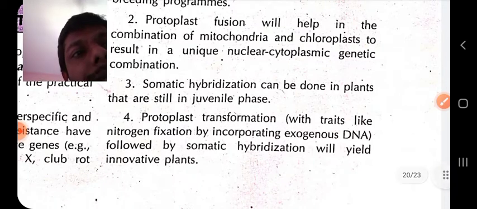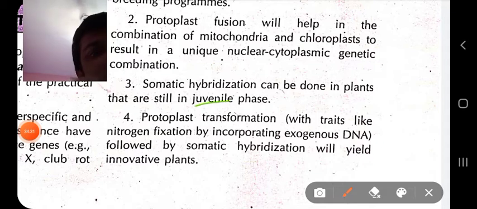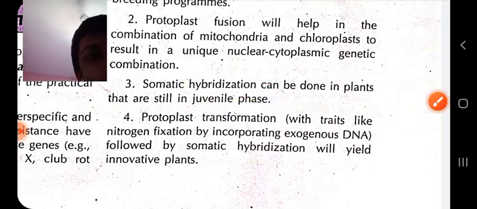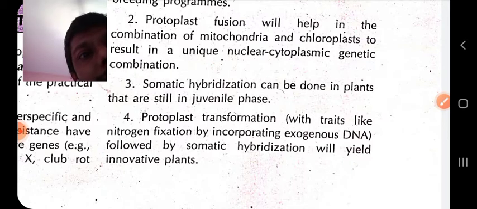Somatic hybridization can be done in plants which are still in juvenile phase. Juvenile phase is the inactive phase, the seed dormancy phase, which normally goes by in the plant at a certain time. So we can overcome this phase by somatic hybridization technique. Then protoplast transformation, having characters like nitrogen fixation by incorporating exogenous DNA, following somatic hybridization will yield innovative plants.